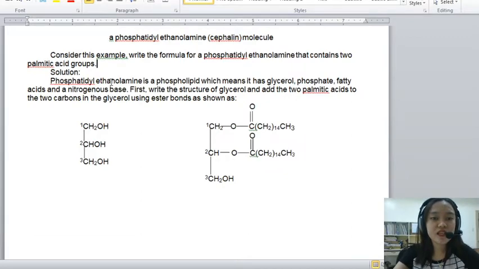So, phosphatidyl ethanolamine is a phospholipid, which means it has a glycerol, a phosphate group, a fatty acid, and a nitrogenous base. So, first, you write the structure of the glycerol. Ito, tatlong CH2OH na magkakadugtong-dugtong. So, next, you add the two palmitic acids to the two carbons in the glycerol using ester bonds.